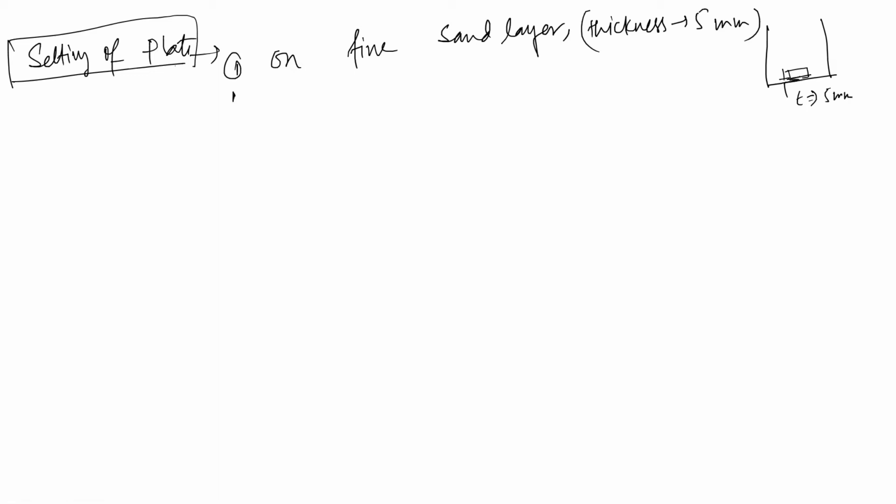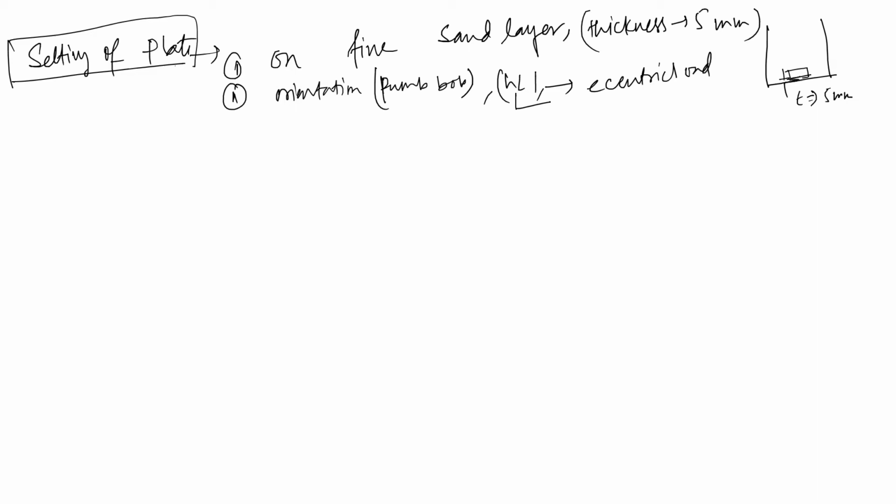After that, before applying the load, properly do the orientation using the plumb bob, and definitely do the horizontal leveling, because if you are not doing the horizontal leveling, then there is some chance of eccentric loading.